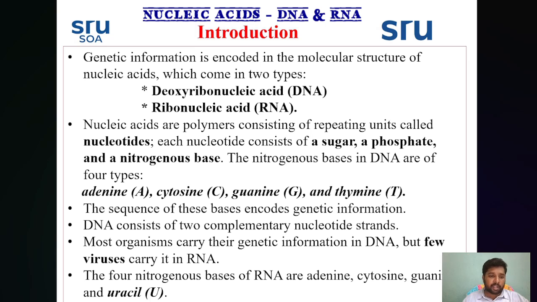So these nucleic acids are the main information carrying molecules of the cell and also determine the inherited characteristics of every living thing. So these nucleic acids store genetic information and enable protein production.